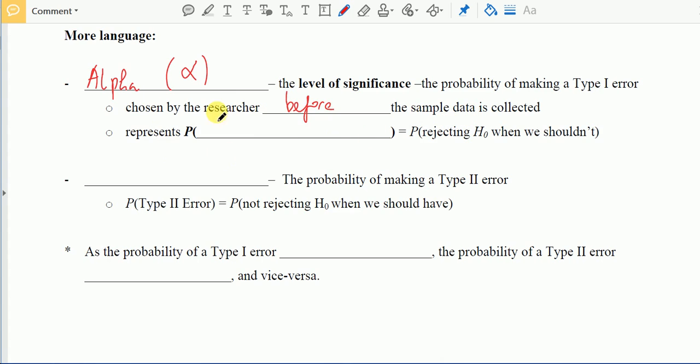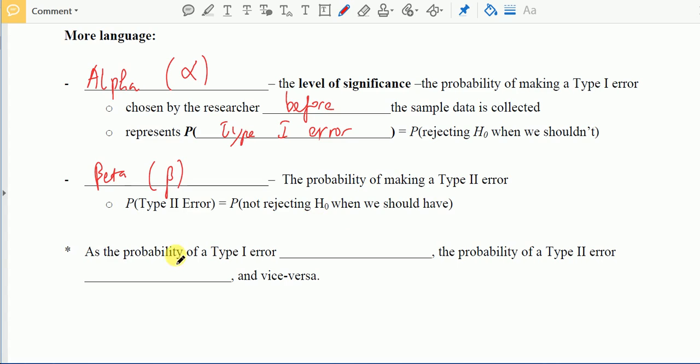It's represented by the probability of the type 1 error, or the probability of rejecting the null hypothesis when we should not. Now beta is the probability of making a type 2 error. So alpha is type 1, beta is type 2. Or we are not rejecting the null hypothesis when we should reject it.